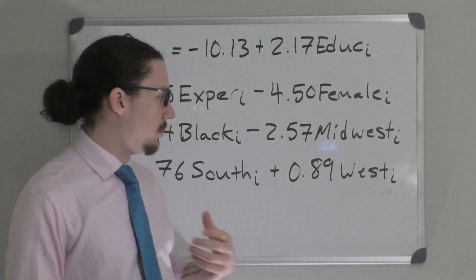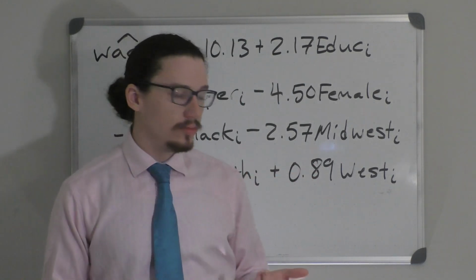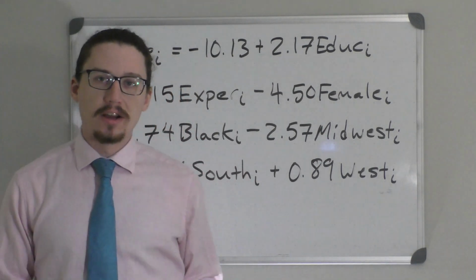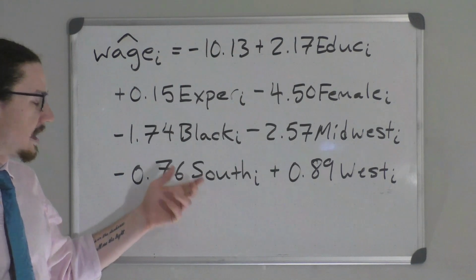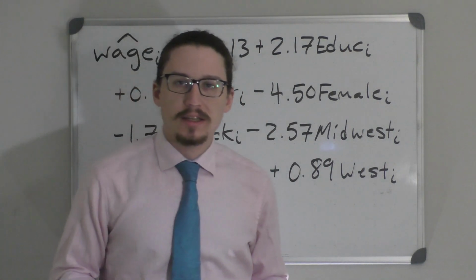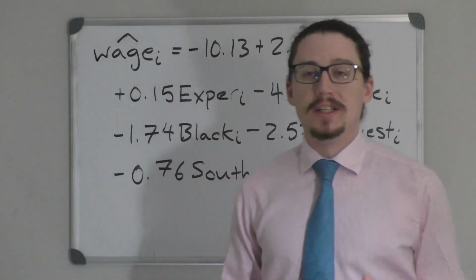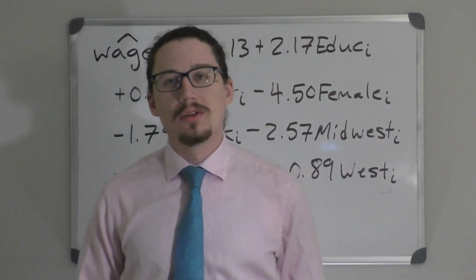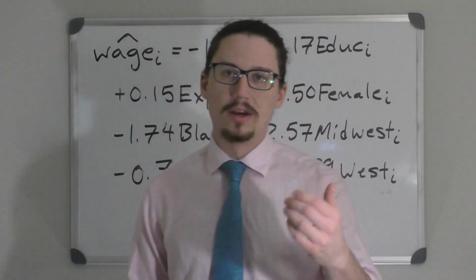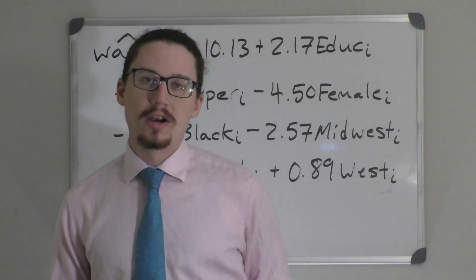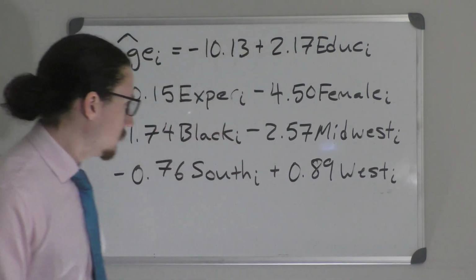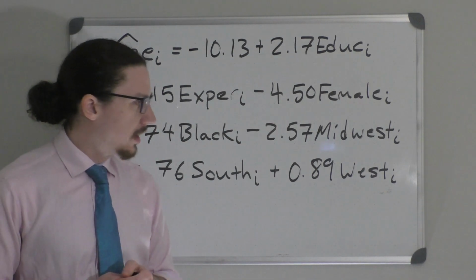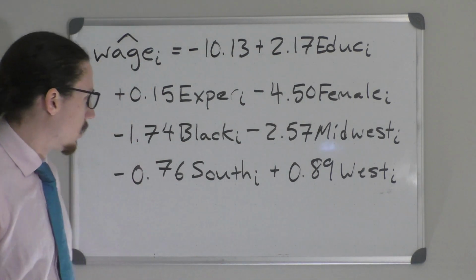If I move to this last one, I would expect wages to be 89 cents higher in the West than in the Northeast. And for the South, I would expect wages to be 76 cents less in the South than in the Northeast. So again, referencing that base level variable for all three of those regional dummy variables.